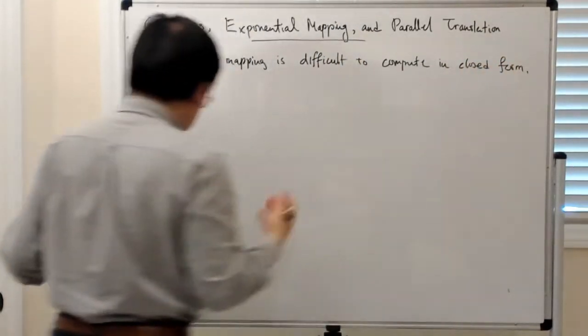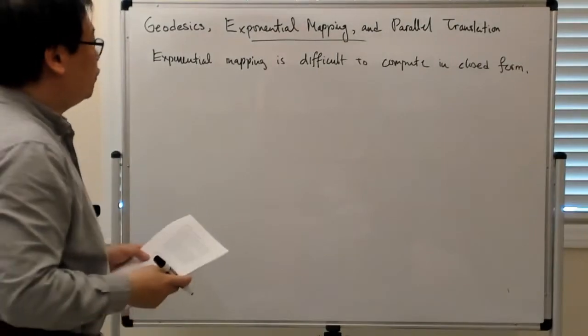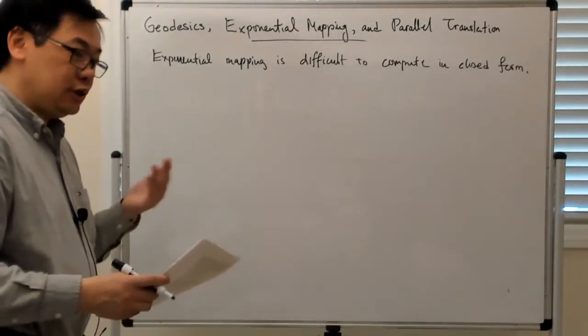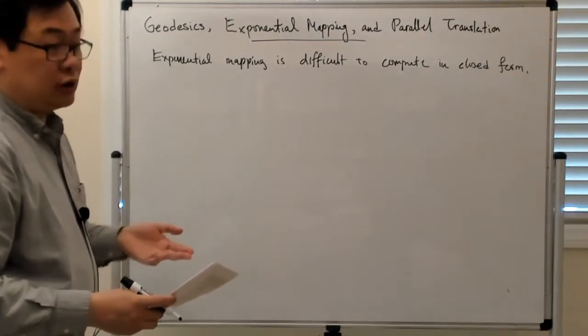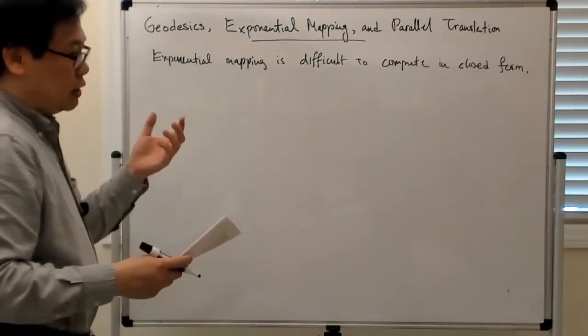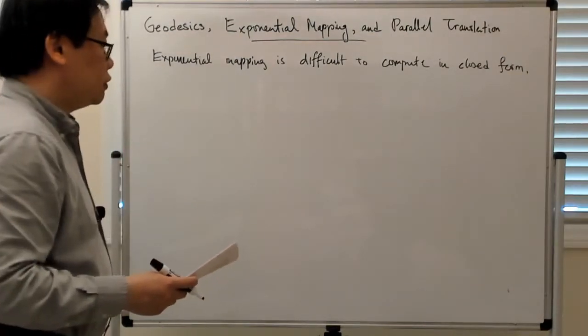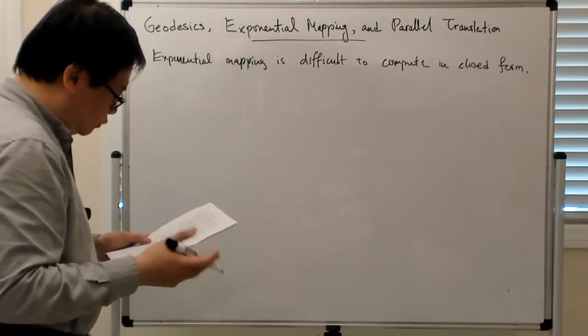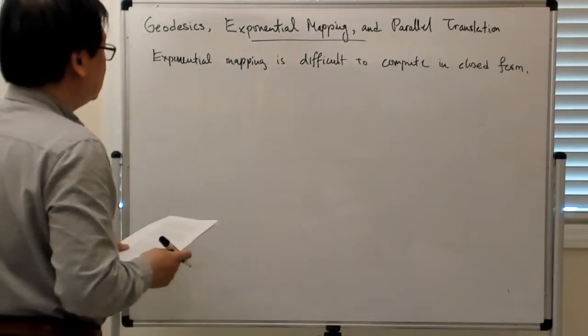And we saw that because the defining properties of the exponential mapping are in terms of the geodesic equations, which are a system of second-order nonlinear differential equations, where the coefficients involve the Christoffel symbols. So that's again a hard thing to do.